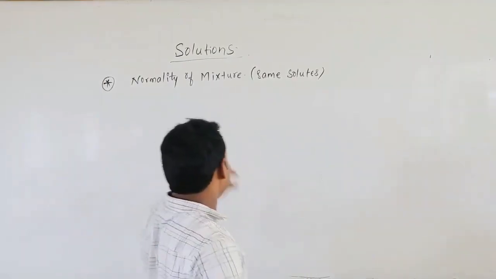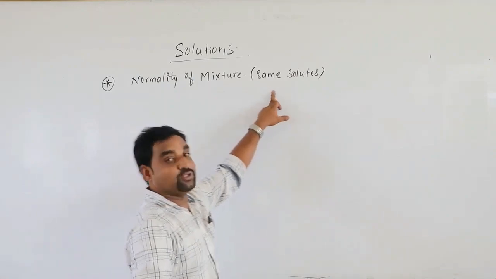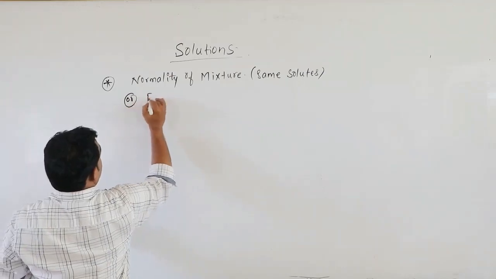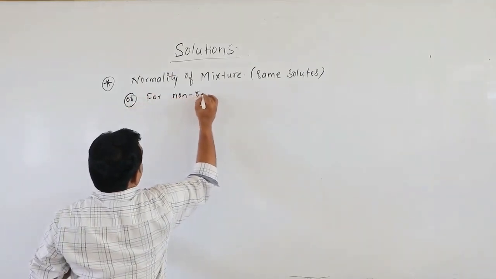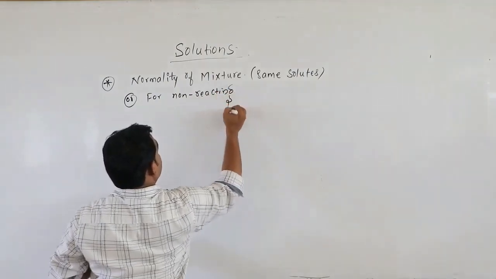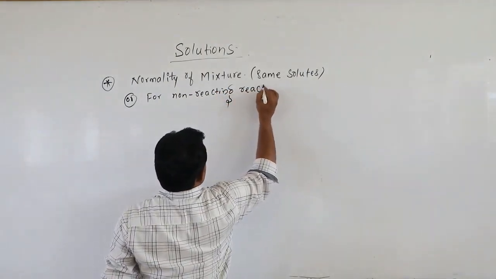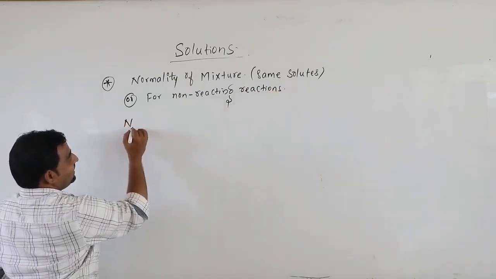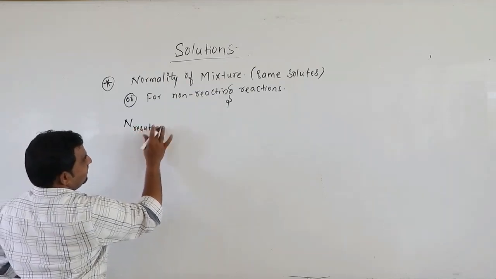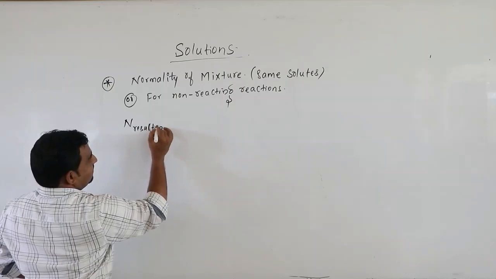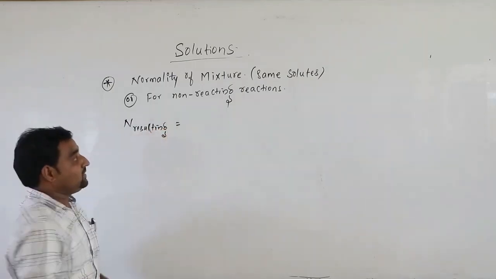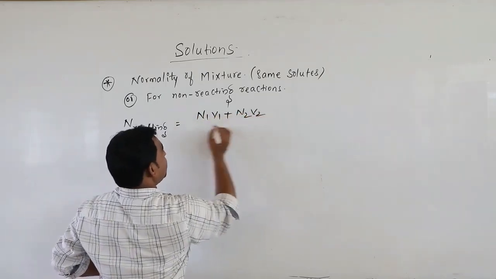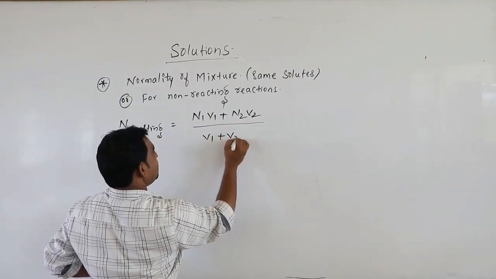The next formula regarding the normality is the normality of a mixture having the same solutes, for non-reacting reactions. The resulting normality can be calculated as: resulting normality is equal to N1 V1 plus N2 V2 divided by the total volume V1 plus V2.